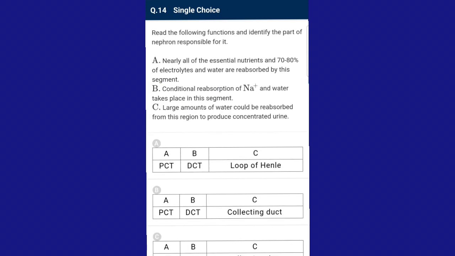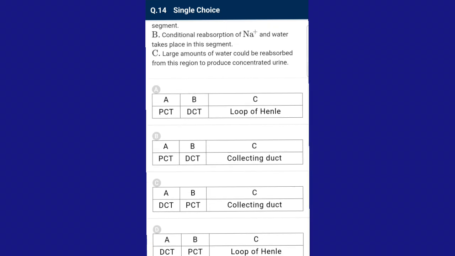Question number 14. Read the following functions and identify the part of the nephron responsible for it. Here there are 3 points given. Read the points carefully. A, PCT; B, DCT; C, collecting duct. A, functions of the proximal convoluted tubule. PCT absorbs almost all essential nutrients.